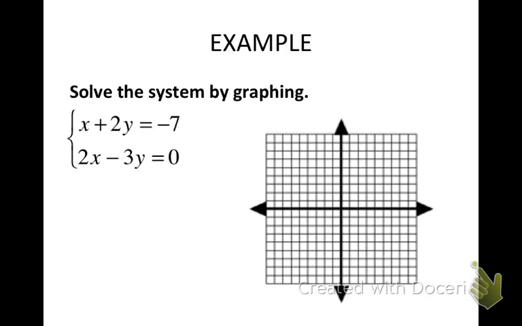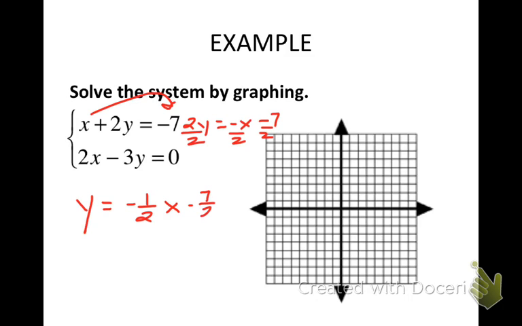So let's go ahead and solve that and put it into slope-intercept form. Moving the x over gives me 2y equals negative x minus 7. Divide everything by 2. I need to be able to identify what my slope is and my y-intercept. So we get y equals negative 1/2 x minus 7/2.